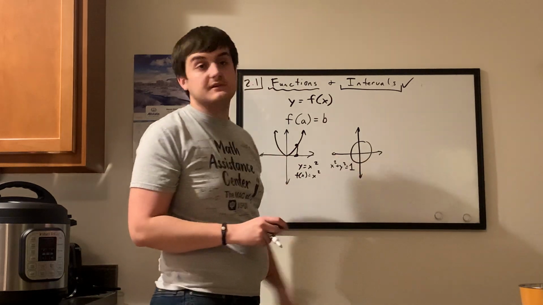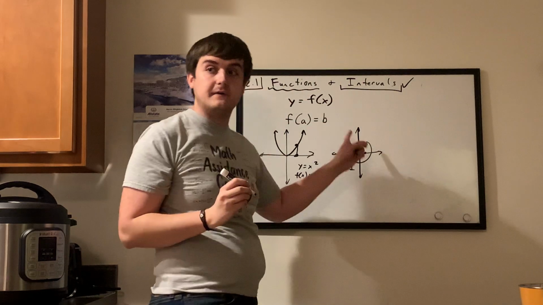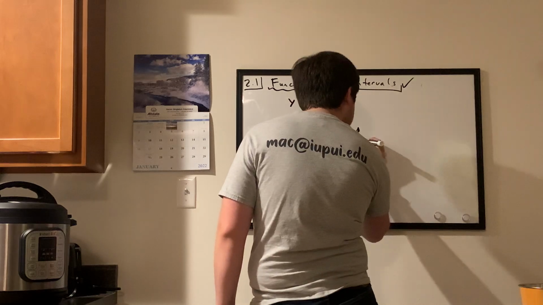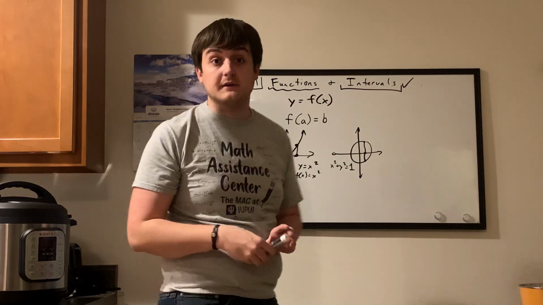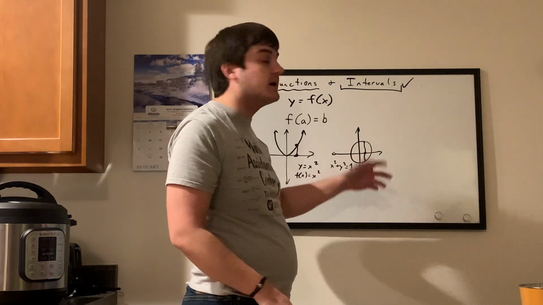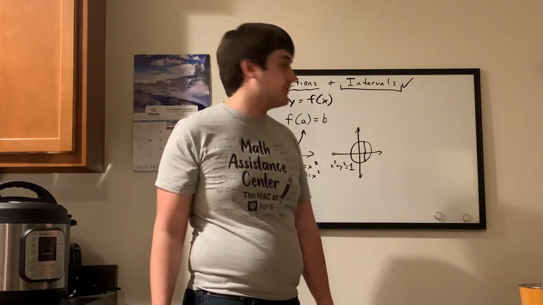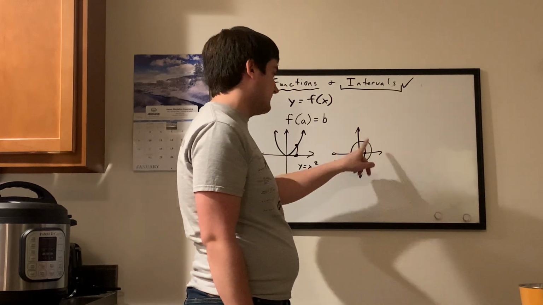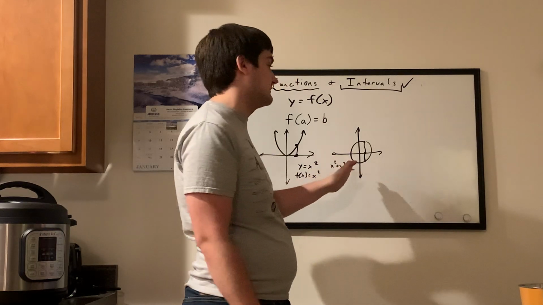However, when I look at this circle, what happens when I go to this value? I have two options. I get two things. That shouldn't happen. My function shouldn't work like that. It's not a function. While we might build a graph and look at it, this does not work appropriately as a function, so I can't use this as a function.